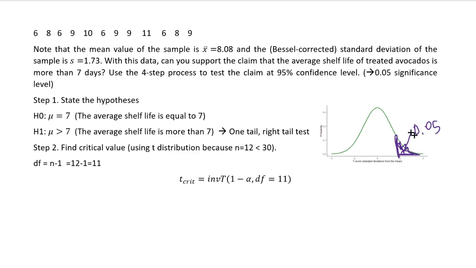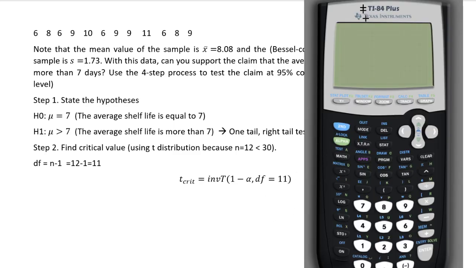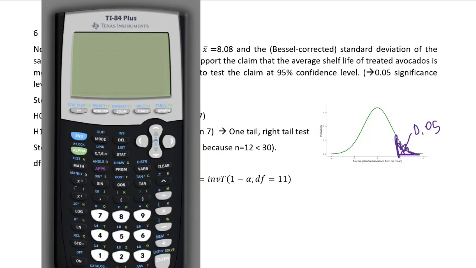See, if this is 0.05, this remaining part is 0.95, right? So if you ask for inverse t 0.95 with degrees of freedom 11, then it will give you this critical value, because the area that you have to plug into inverse t is not the right tail, but the left part of that critical value. That's how it works. Okay, so let's go to the calculator.